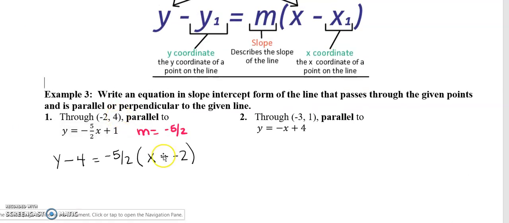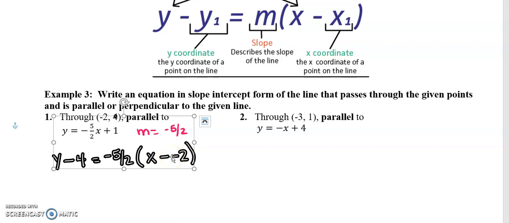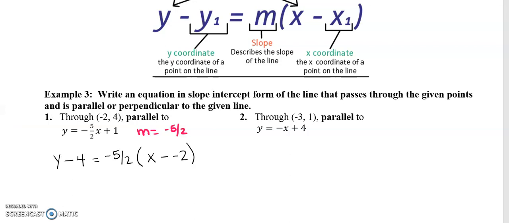So now we're going to change that double negative to a positive, and then we are going to go ahead and distribute. Now, when we multiply, you can either use your calculator, or we are going to take the numerator times our whole number here, which is negative 10, and then put it over our denominator, which we can go ahead and reduce to negative 5.